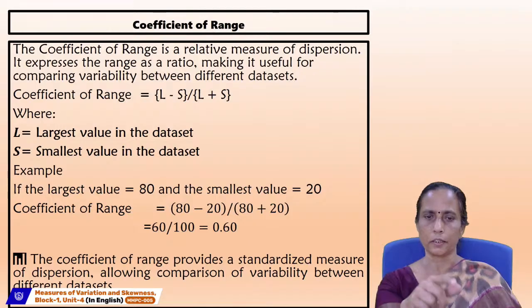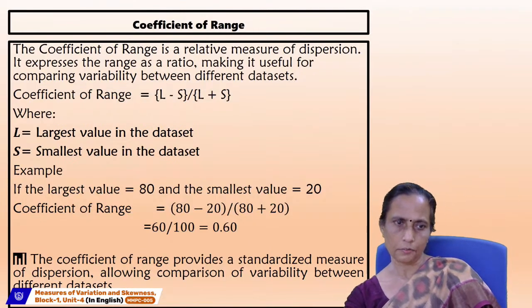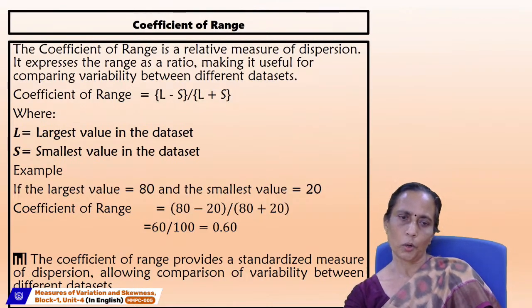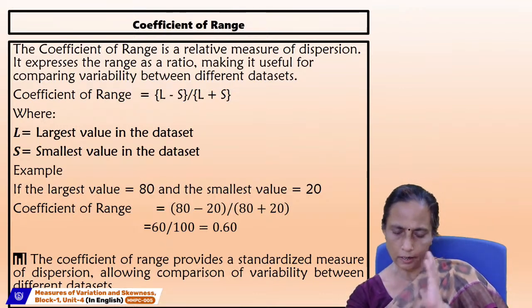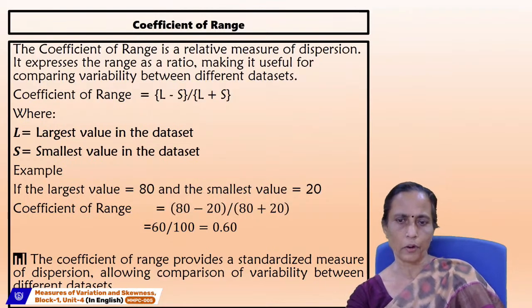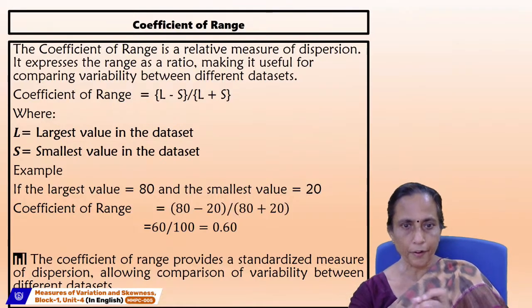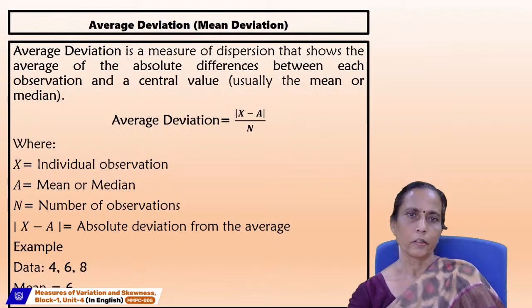If your largest value is 80 and smallest value is 20, then your coefficient is 80 minus 20 divided by 80 plus 20, that is 60 by 100, which is 0.60. So this coefficient of range provides a standardized measure of dispersion, allowing comparison of variability between different data sets.